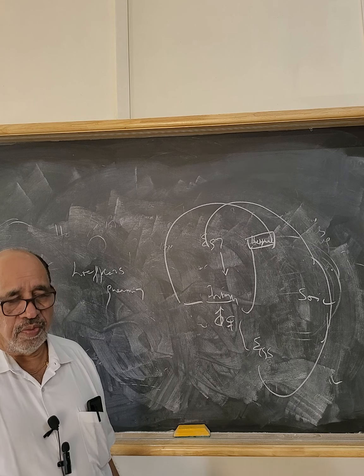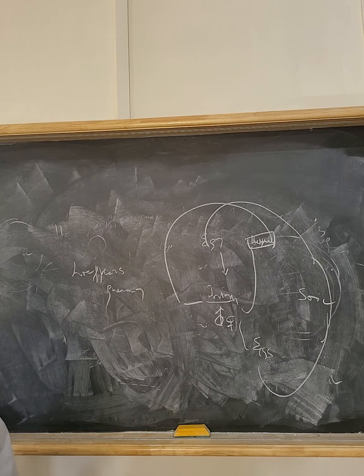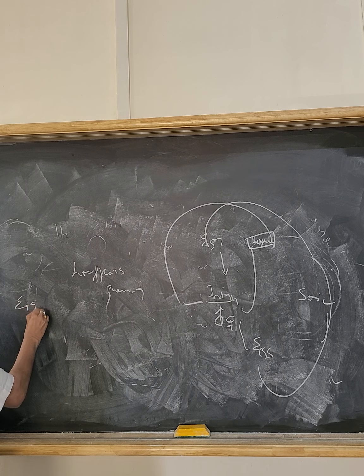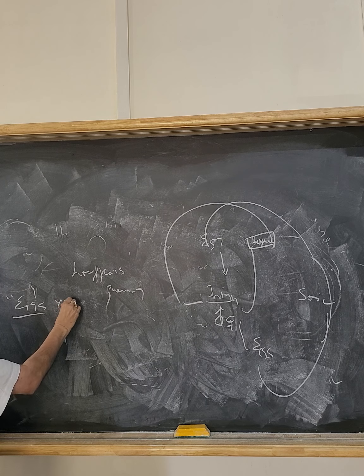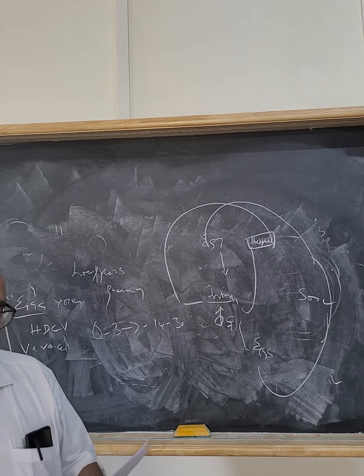Neural vaccine we have stopped nowadays because it gives rise to post-vaccine reactions. The available vaccines are those prepared in the yolk sac of eggs, then HDCV, then Vero cells. These are the 3 vaccines. It is given on day 0, 3rd day, 7th day, 14th day, and 28th day, that is 5 or 6 injections. That is the dosage form.